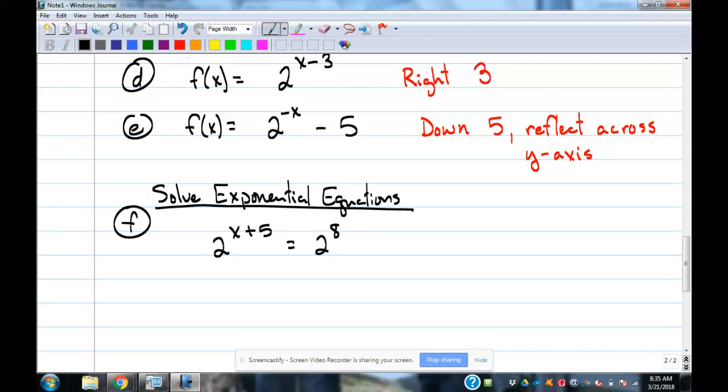If the bases are the same, then what do we know about those exponents? Yeah, those exponents have to be equal to each other. So if we can get the bases to be the same, then all we've got to do is solve the equation for the exponents. X plus 5 equals 8. That's a pretty easy equation to solve, right?